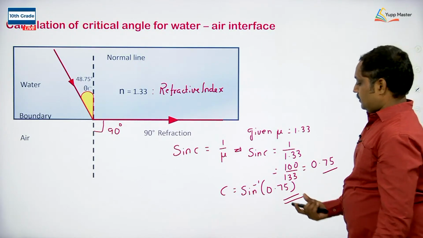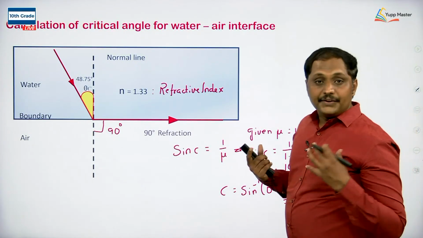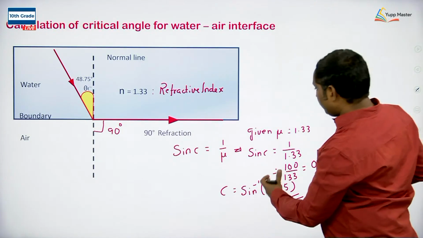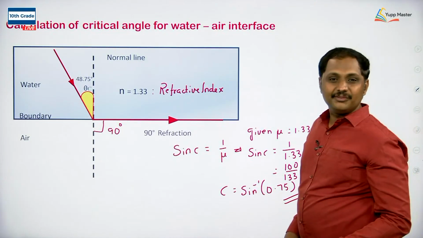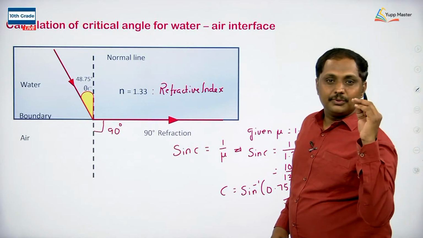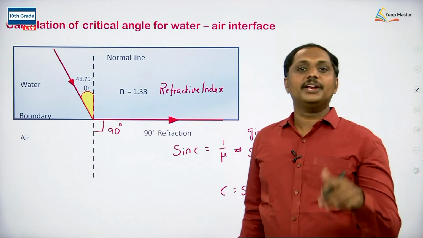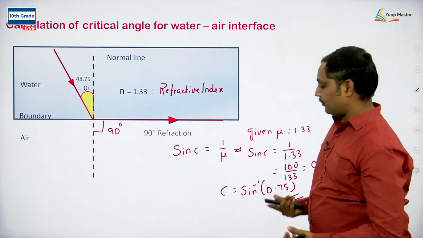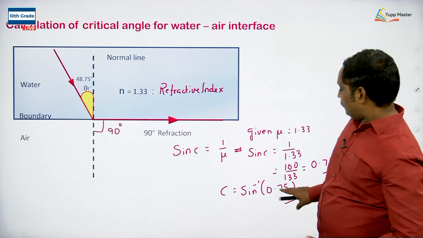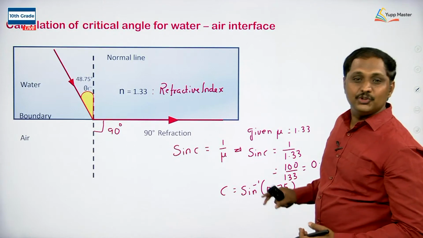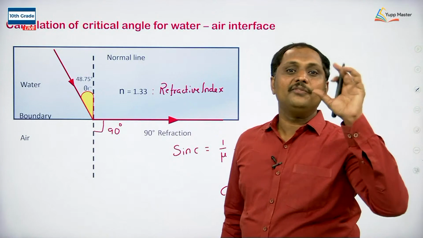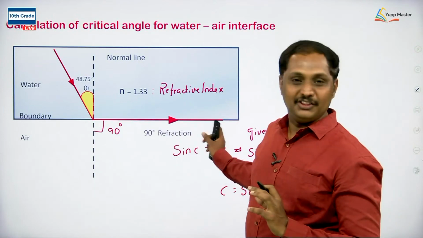While you are considering the sin inverse value, you may have some expectation. If they have given options, you can identify it very easily. Sin inverse 0.5 is about 30 degrees. So, sin inverse 0.75 might be near 45 degrees in the options.